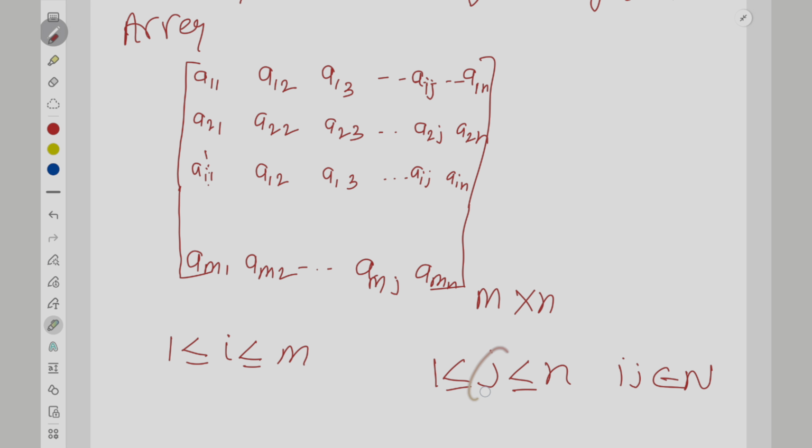Similarly, the value of j is a column index, varying between 1 and n.